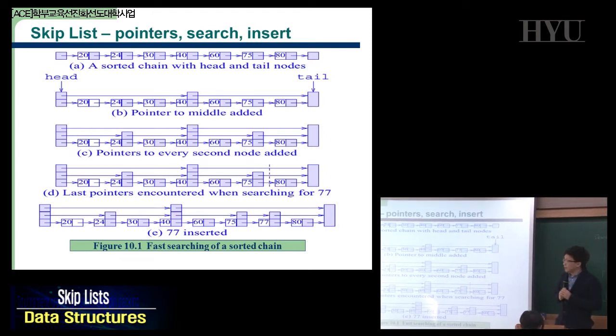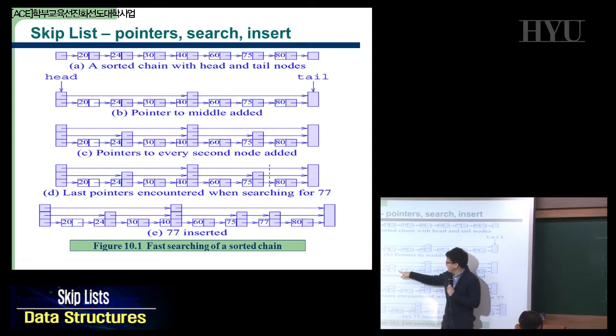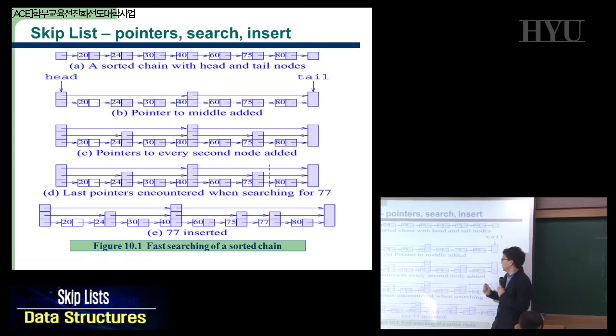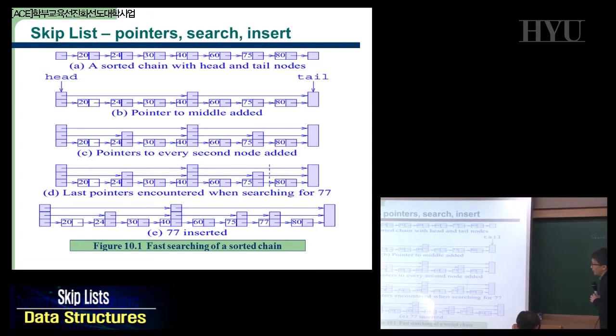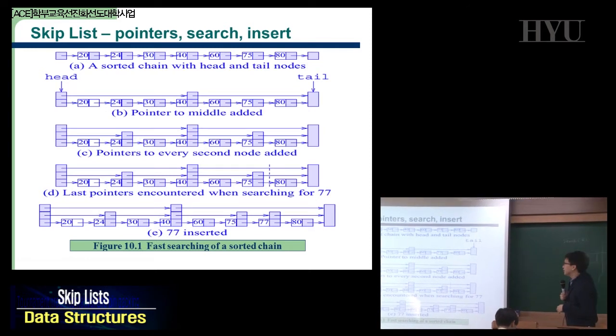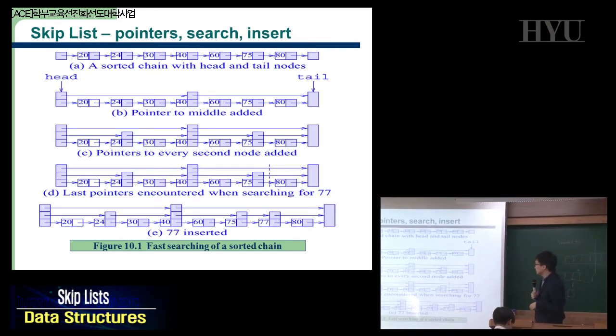A pointer to every second element node is added. Every second element, so one here, another one here, another one here, like that. Okay. The last pointer encountered when searching for 77. I don't know, I can go this way or this pointer. Let's see.